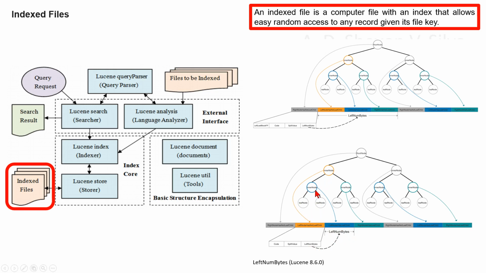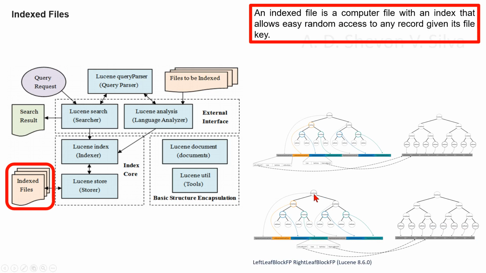And here the inner node is connected to the left node, which has a leaf child, and this inner node is connected to the right node, which has a leaf child, and this inner node is connected to the right node, which has no leaf child, and the inner node is connected to the left node, which has a leaf child, and the inner node is connected to the right node, which has a leaf child.